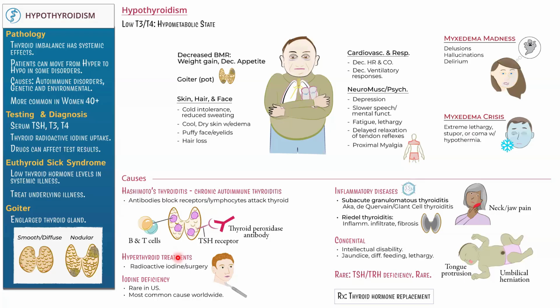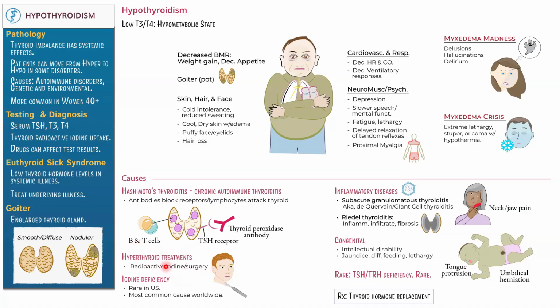The other one is, if you give a person too many drugs to treat hyperthyroidism, that will lead to hypothyroidism. So you're giving a person treatments to correct hyperthyroidism, and such treatments are surgery and radioactive iodine.